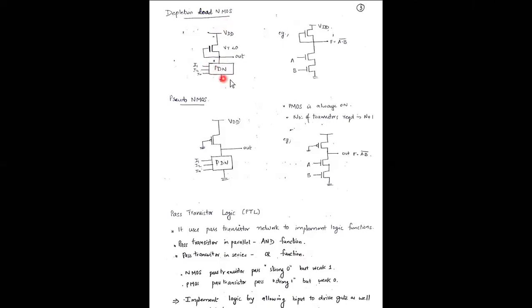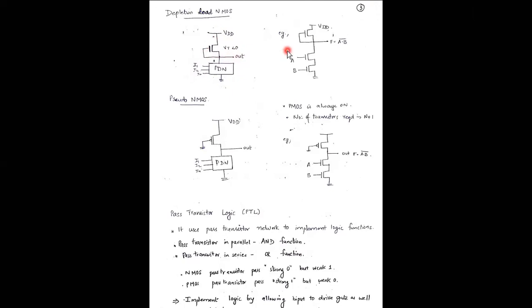Pull down network means the NMOS section is the same as it is. We're providing the input, it is grounded, and between VDD and the pull down network, we are providing an NMOS whose threshold voltage is less than 0, and we are connecting the gate to VSS, and the output is also taken from the same section.